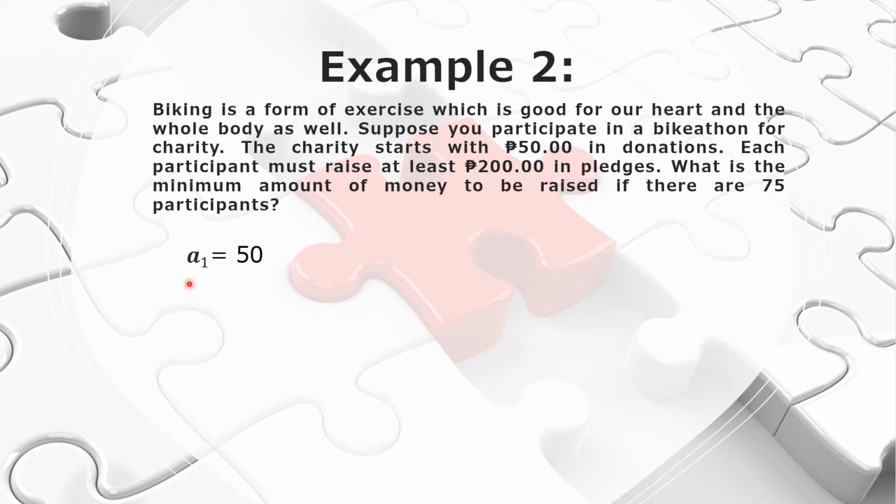A sub 1 is 50 because the charity starts with these initial donations. Then d is 200 because each participant must raise at least 200 pesos.